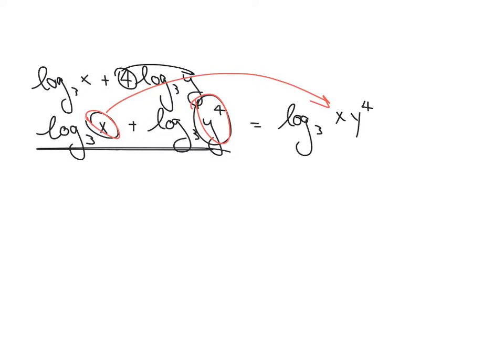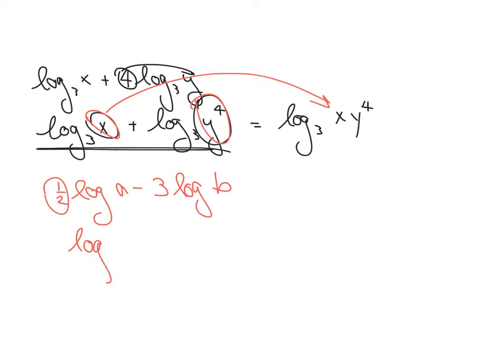All right, so let's look at B. And I've got 1/2 log of A minus 3 log of the B there. Okay, so again, I'm going to do this first and get rid of that 3. Now I've got a minus, and the minus, if you remember, from property 7 is a division.